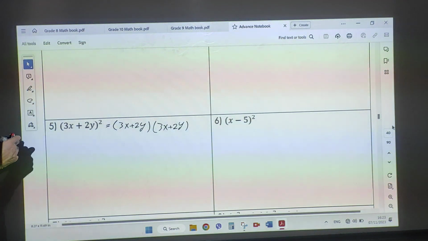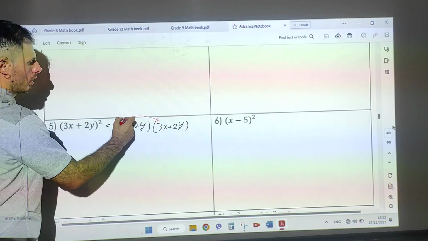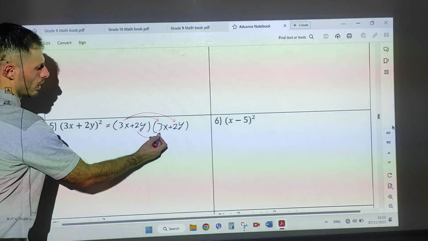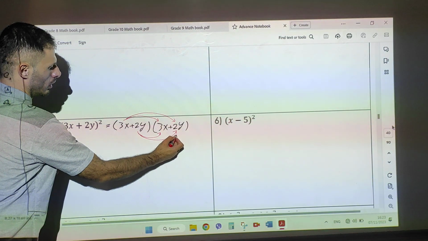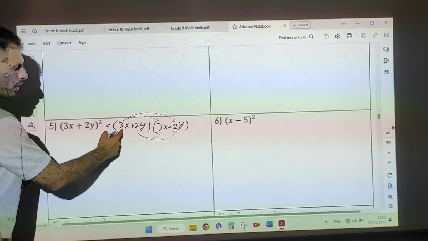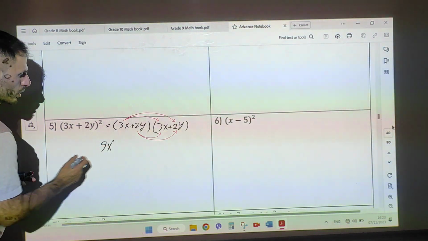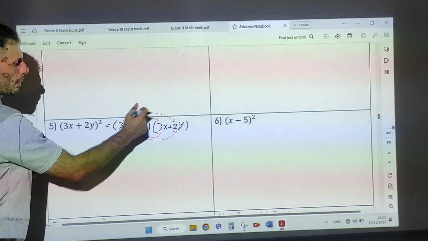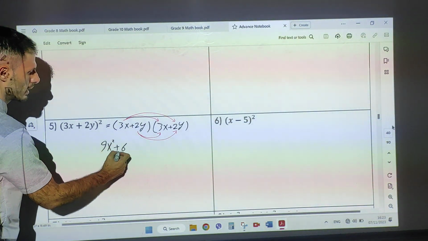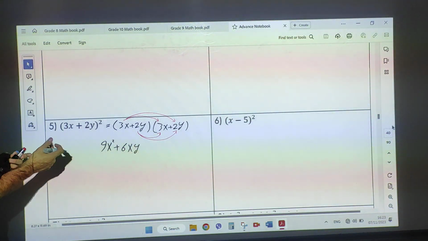Again we have two terms multiplied by each other. We multiply by all, then we multiply this one by all. Now 3x multiplied by 3x will be 9x power 2. Then 3x multiplied by 2y, positive, will be plus 6xy or 6yx.